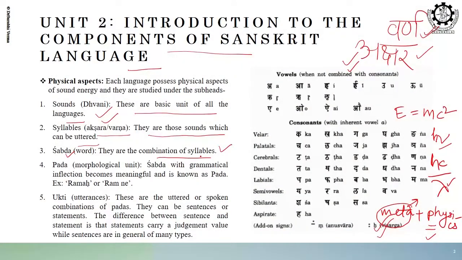Next is Śabda. Śabda is the combination of so many aksharas or varnas. In Sanskrit we have so many Śabdas, broadly classified in two categories: Śabda Rupa and Dhatu Rupa.